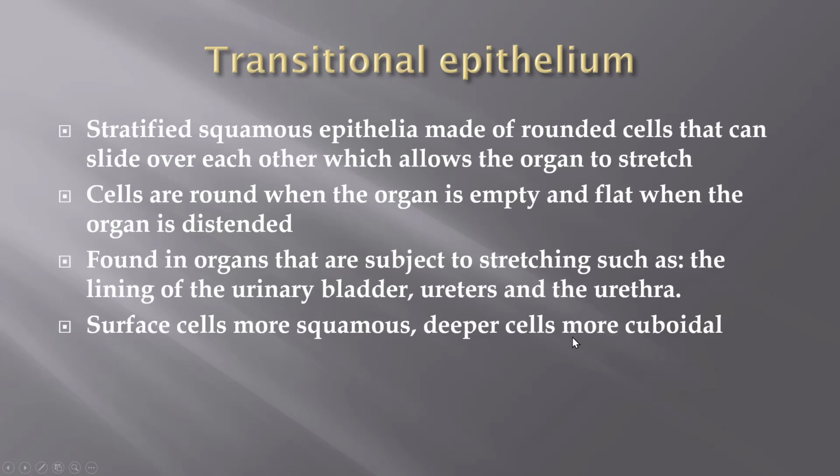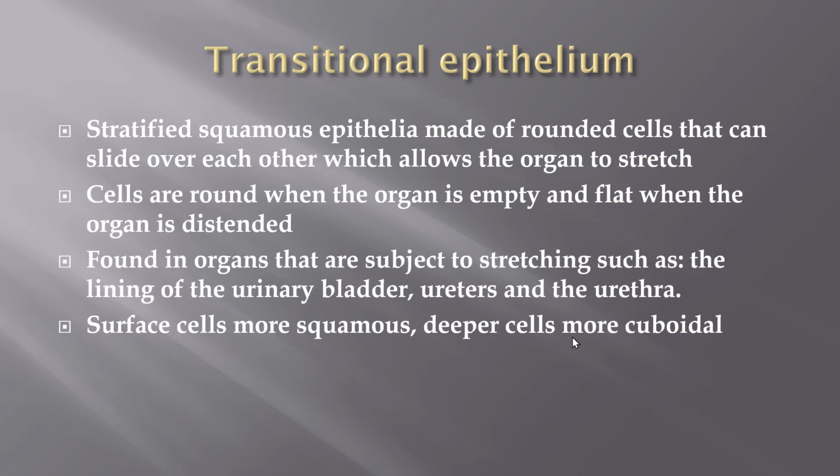And then our last is transitional epithelium. This is a stratified squamous. It's transitional because it transitions shapes. It changes shapes. The cells are round when the organ is empty. They flatten out when it begins to distend. Think of the bladder, think of the ureters, think of the urethra.